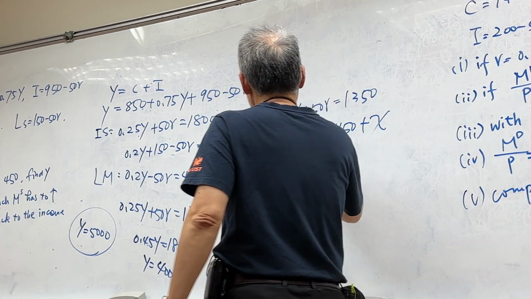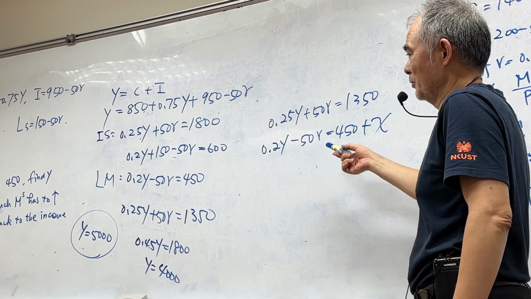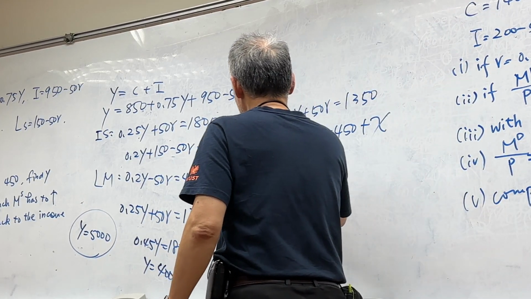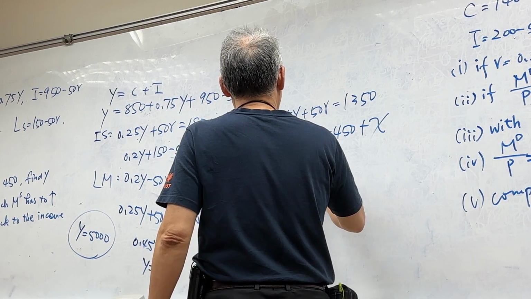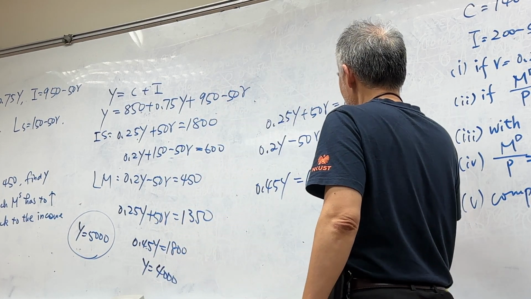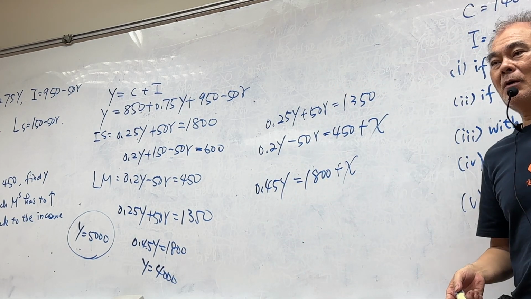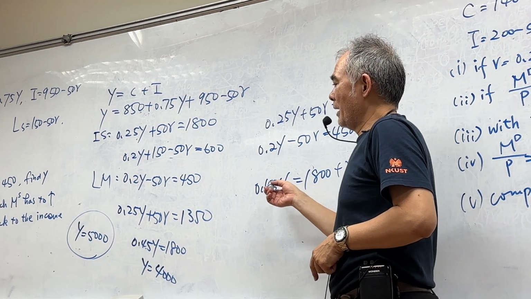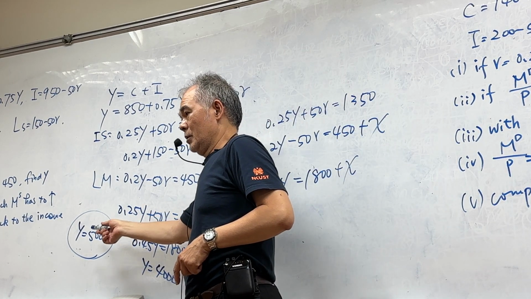Again, it's quite easy. As I said, you need to be grateful to the professor. You don't need to worry much about R. So then here you have 0.45Y is equal to 1,800 plus X. It sounds like you only have one equation but you have two variables. But the answer is no, because the question asks you to get back to the original income level.